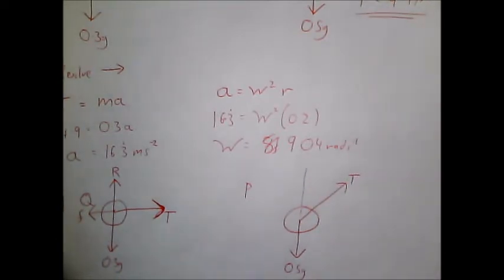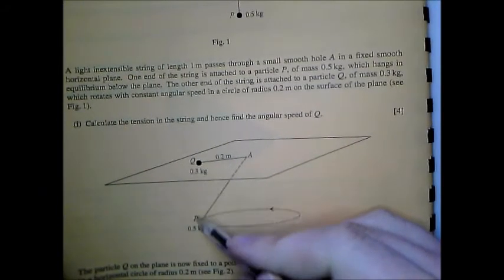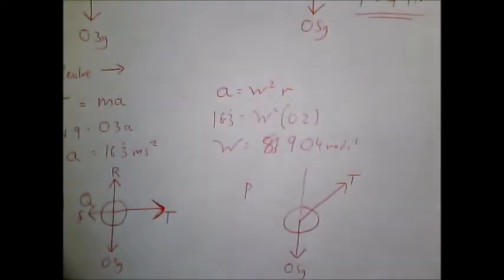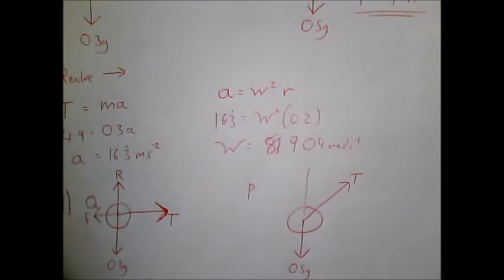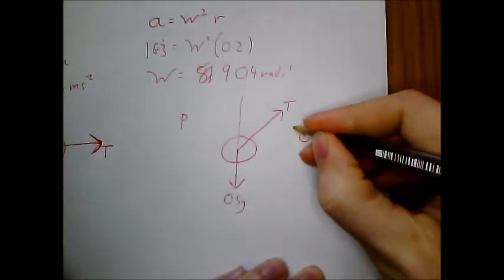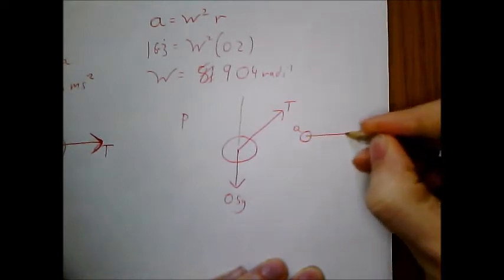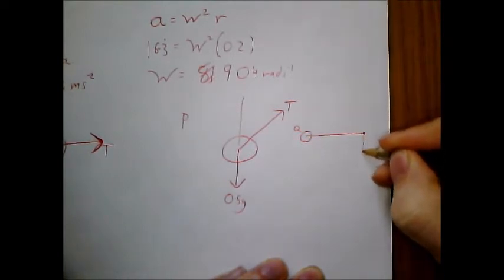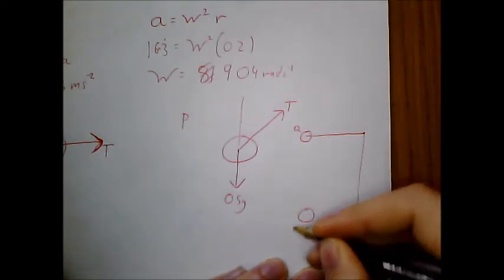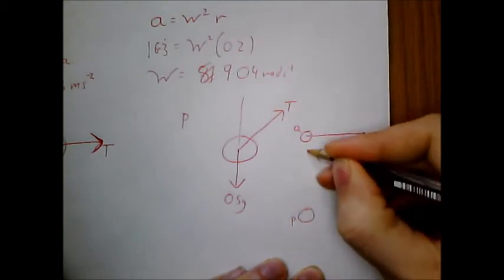And we're going to rather importantly need that angle. So I'm going to draw this kind of triangle here to see if I can work out one of these angles. This is particle Q. This is the hole. And this is particle P that's vertically below it.